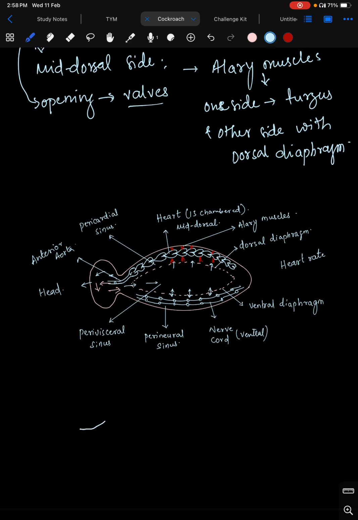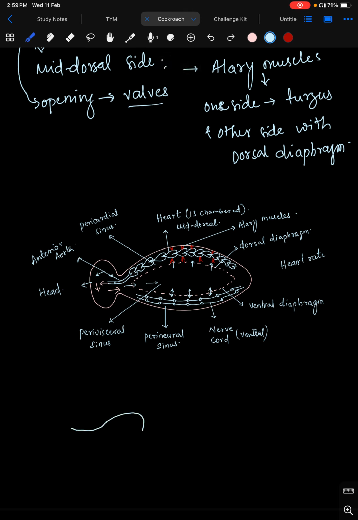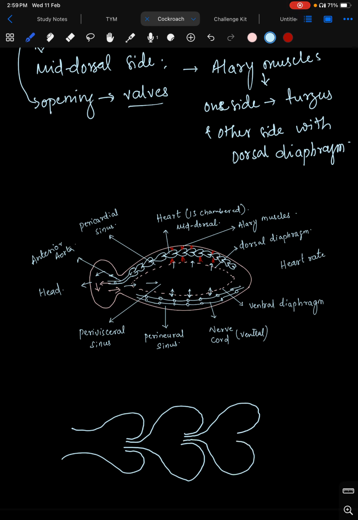I will draw here and show: chambers like these are there, funnel shaped chambers are present. So these are the openings through which blood is moving from the posterior part of the heart to the anterior part of the heart.